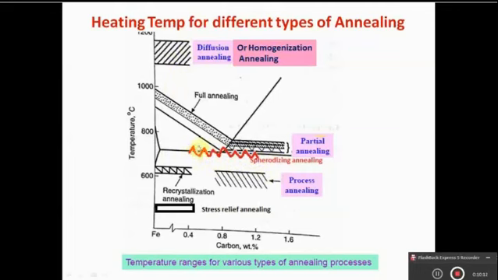Subsequently, heating and cooling, a periodic cyclic operation, is carried out, followed by slow cooling. So this will carry out a spheroidizing annealing. Then for process annealing, recrystallization annealing and stress relief annealing, the heating temperature zones are well below the subcritical temperatures. So by studying this figure, we can get an idea regarding how much temperature the casting should be heated to.